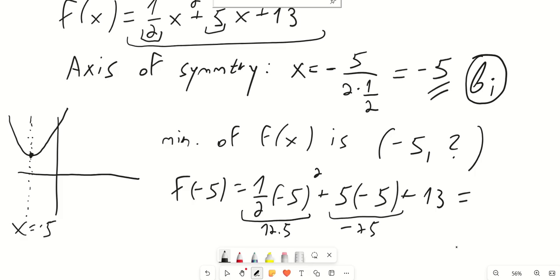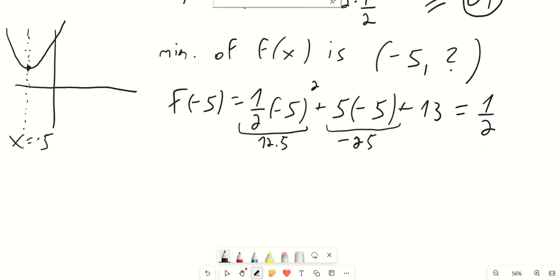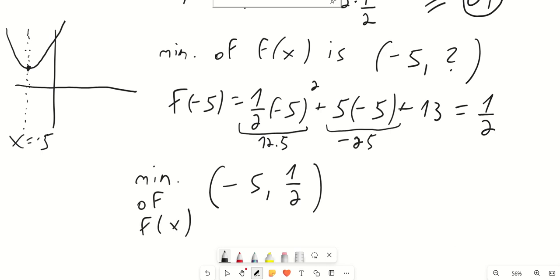So I get here -12.5 plus 13, it's a half. So the minimum point of F is at -5, one half. And this is the answer for B2.